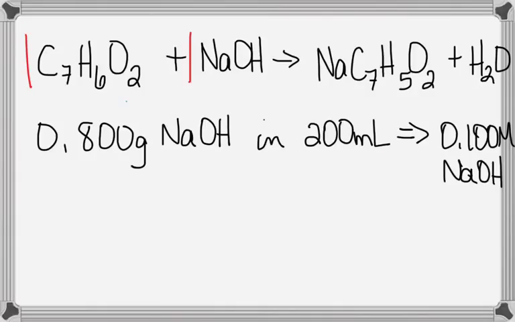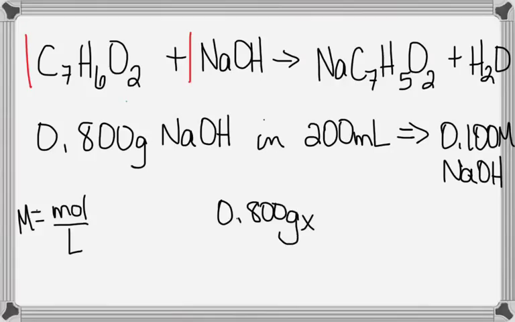Okay, let me show you how we know that's 0.1 molar. First of all, molarity is moles per liter. 0.8 grams of sodium hydroxide, how do we figure out how many moles that is? Okay, the molar mass of sodium hydroxide, we're told, is 39.997.